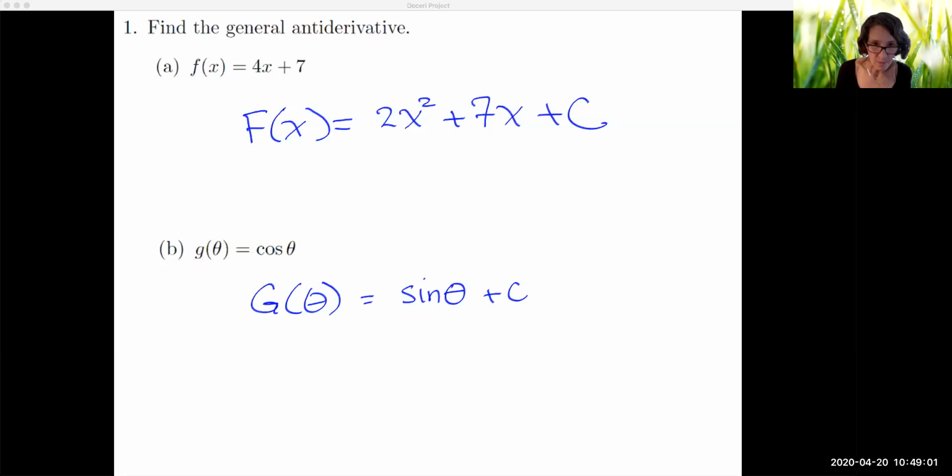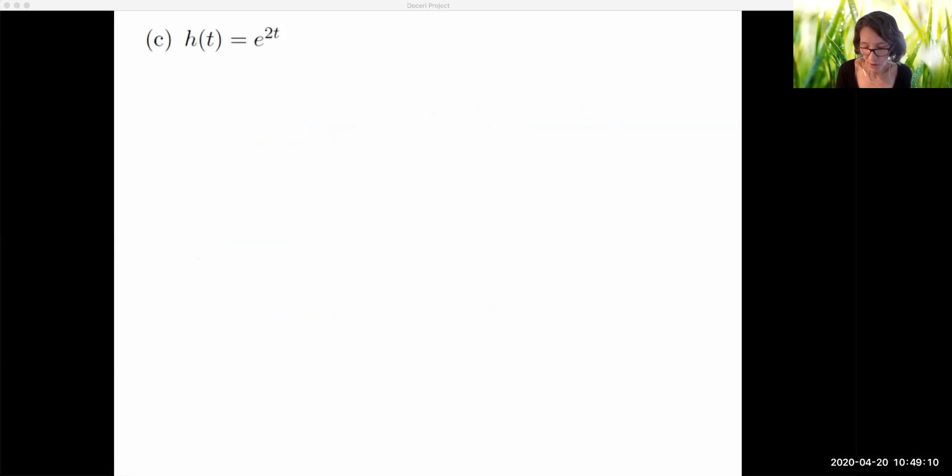Now, I'm going to switch slides because I think pretty much everybody got through A and B pretty easily. So part C, we have to take into account the chain rule here. Capital H of t should be our antiderivative, and it should be 1/2 e to the 2t plus c.